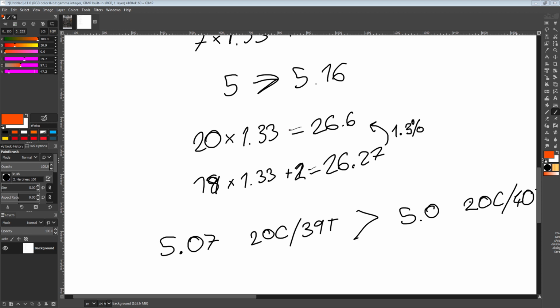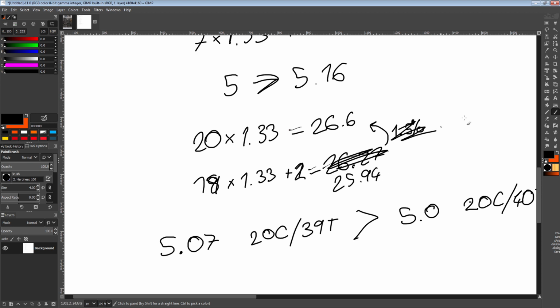You can ultimately do this yourself. Oh wait, it was plus 2, not plus 1. Idiot me. So 18 times 1.33 plus 2 would be 25.94, and in that case the gap gets bigger.